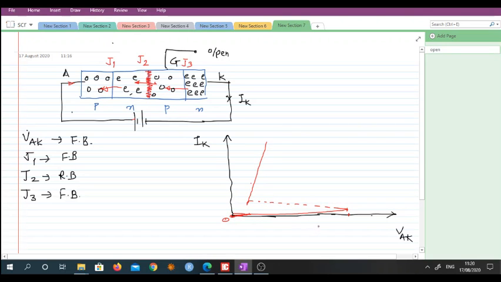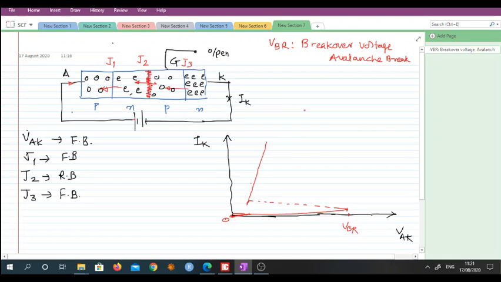This particular potential where this happens is called VBR, and in the specification chart it is called breakover voltage. And this is called avalanche breakdown, due to the kinetic energy acquired by the electrons once the junction breaks.